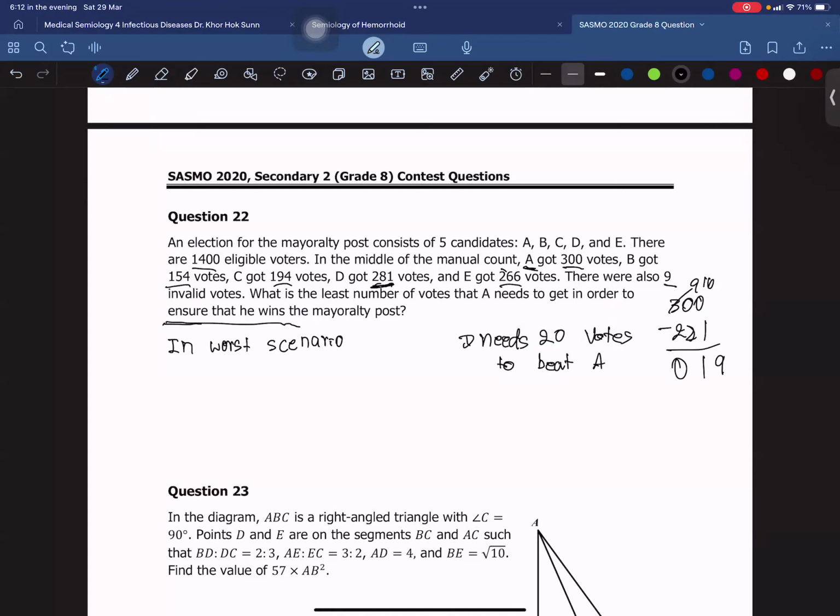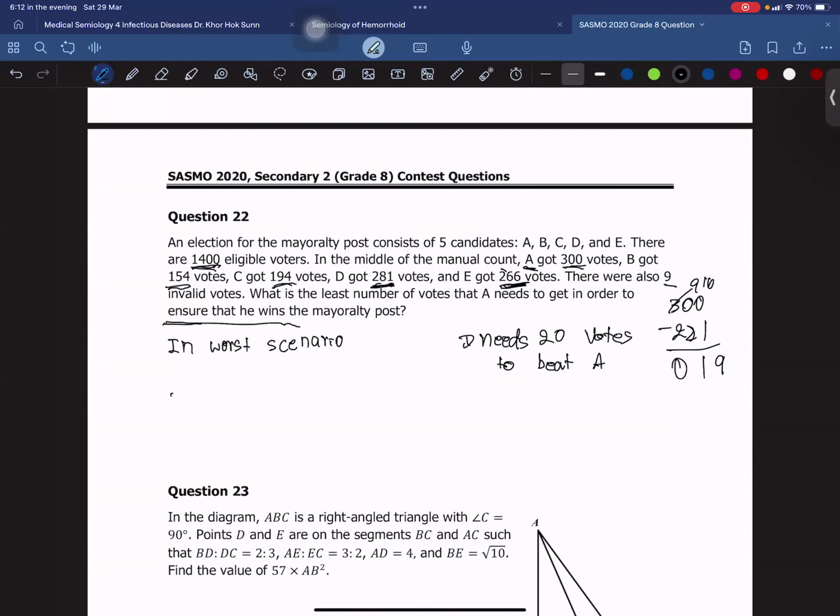Okay, so yeah, that's a thing that we need to notice. There are 1,400 eligible voters, but since we see here it's only 300, 154, 194, 281 votes and 266. So we need to figure out the votes of people who are not voting for anyone.